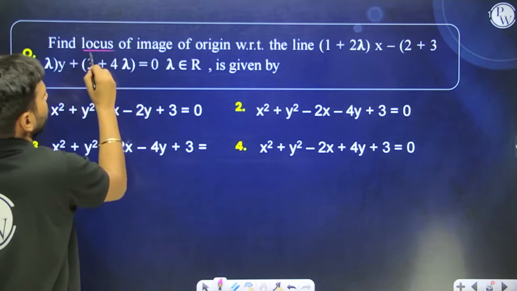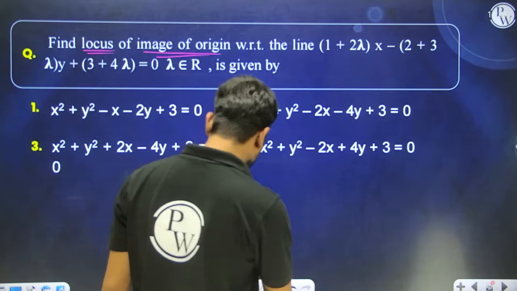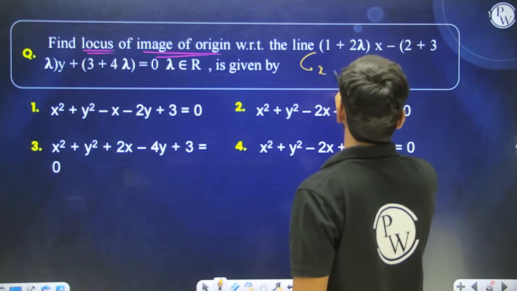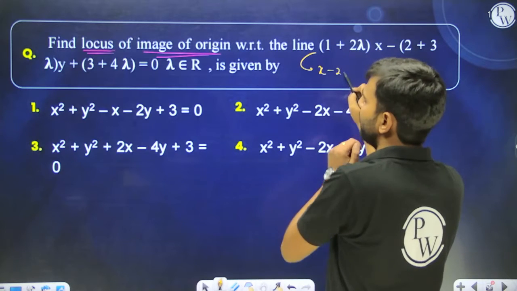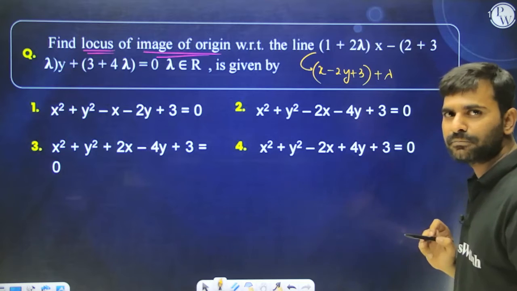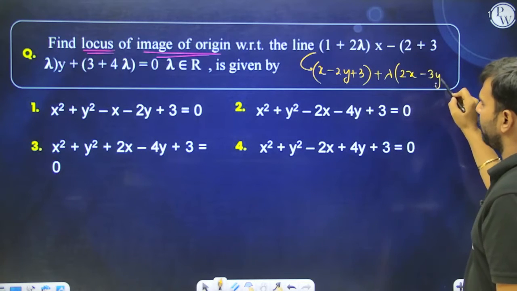Find the locus of the image of the origin with respect to this line. If you have studied family of lines, then you can tell that these lines can also be rewritten like this. First we are segregating the terms having lambda in it and then rewriting the equation like this, right?